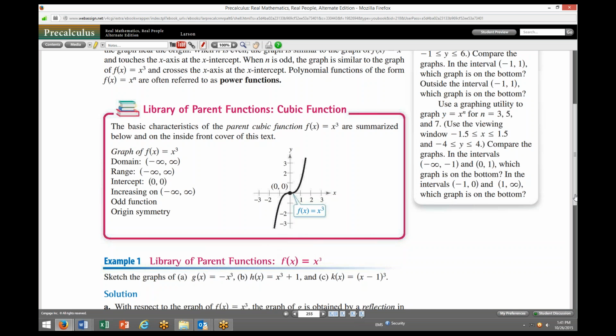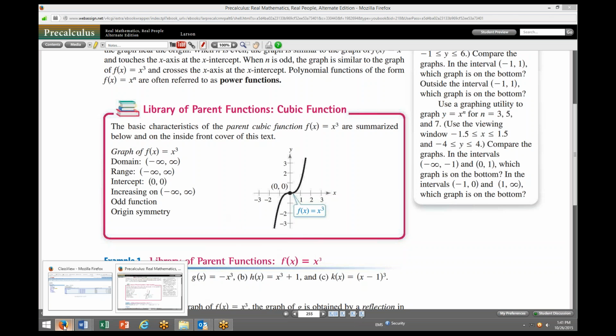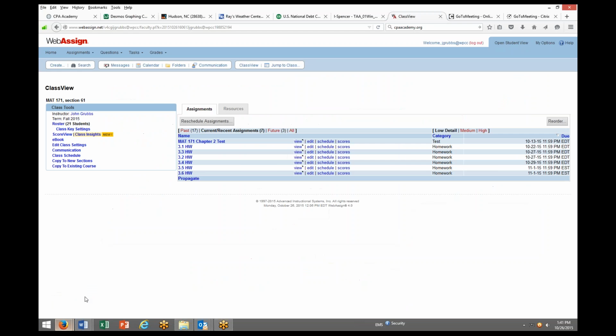Now, another point here, if we insert a minus sign in front of x to the third, what's going to happen? If we try to graph y equals negative x to the third, what that does is reflect the whole graph. That does cause a reflection. I can do this.